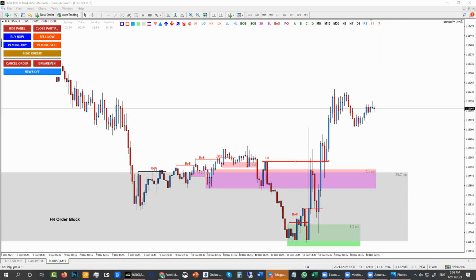Just break above and then put the order block. It can work, it cannot. But when we trade over the H4 order block or D1 order block, the probability to make it work is high. Imagine that even if we revenge trade over here, there is no way that you can make 10 losses in a row.